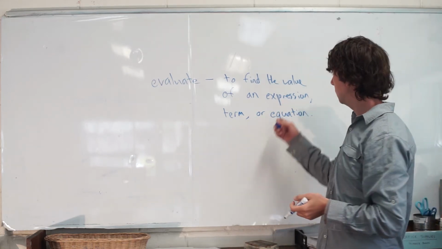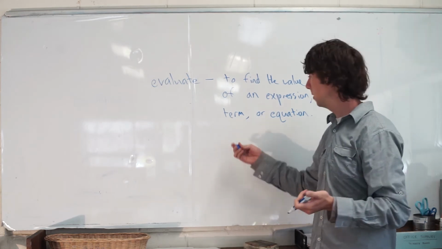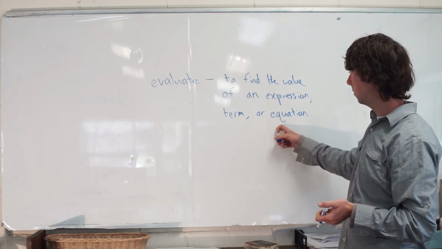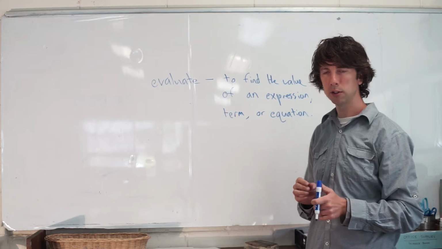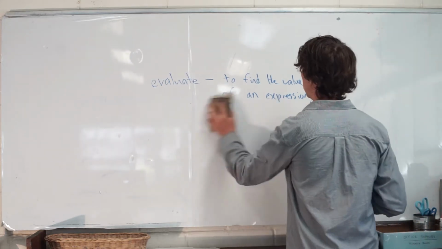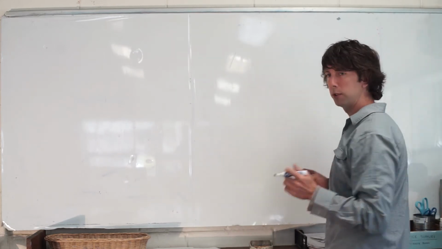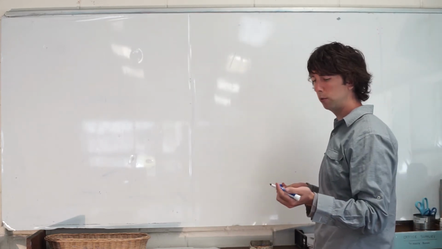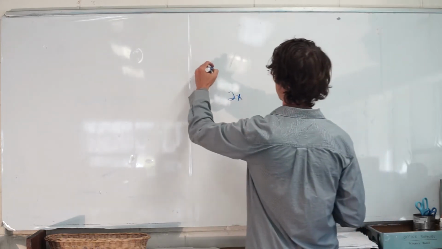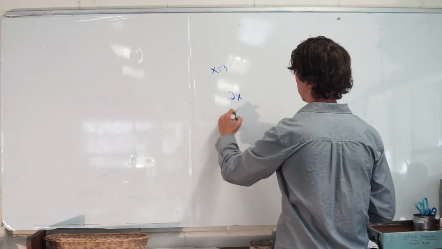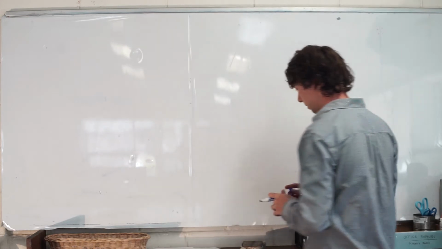And because evaluating a term is really simple, I'm not going to spend much time on it. What we're going to mostly focus on today is evaluating equations, which is a little bit different than evaluating expressions. But just as an example, evaluating a term would be like evaluating 2x if you knew the value of x was 3. It would just be 6. So that's very straightforward. But evaluating an equation is different.